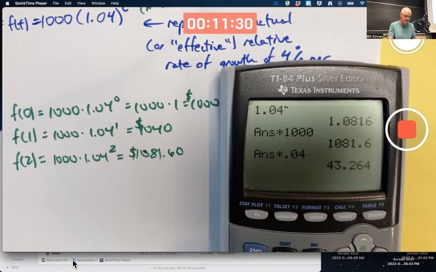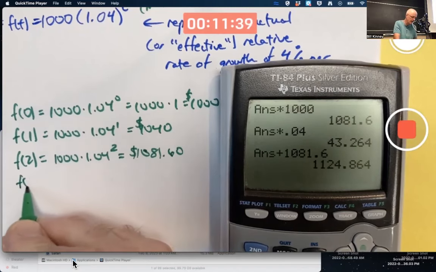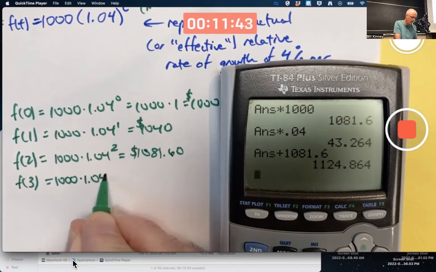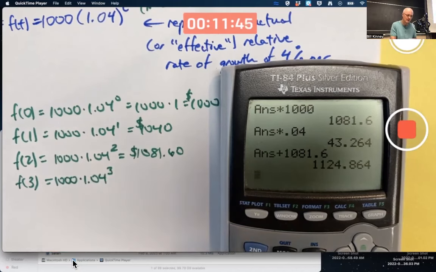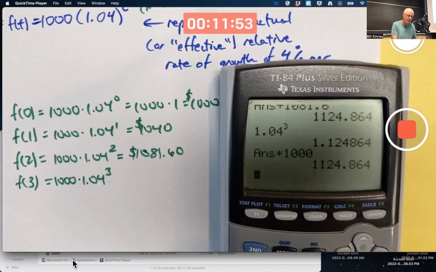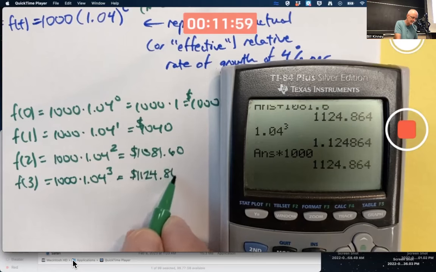After 3 years, the balance should be that, $1,124.86. Let's see if it is with the formula. F of 3 is 1,000 times 1.04 cubed. Try it, 1.04 cubed times 1,000. You can see the connection here. Same answer, $1,124.86.